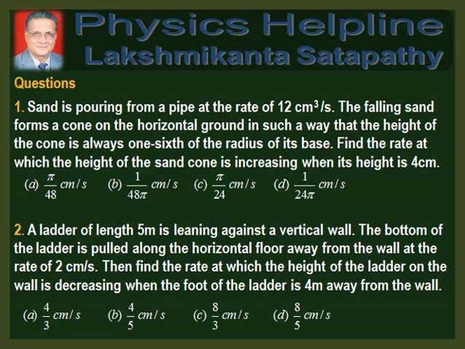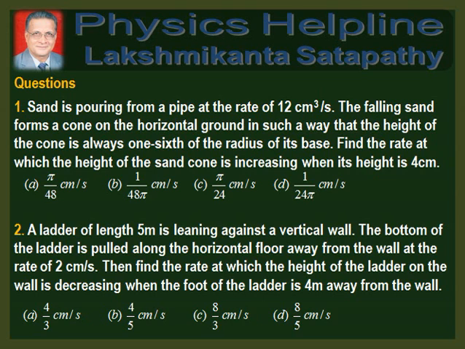Question 1. Sand is pouring from a pipe at the rate of 12 cubic centimeters per second. The falling sand forms a cone on the horizontal ground in such a way that the height of the cone is always 1/6 of the radius of its base.